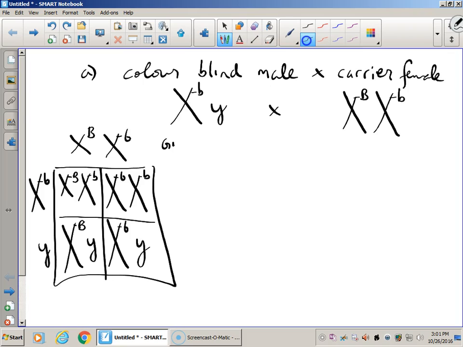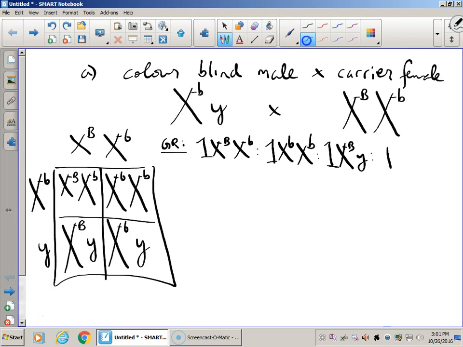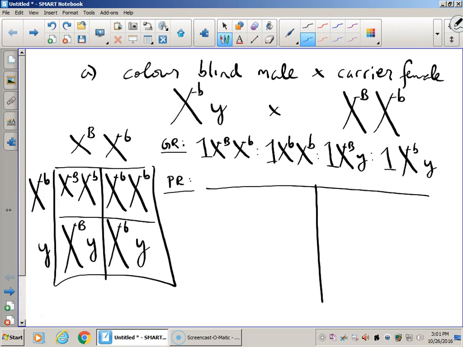So our genotypic ratios, we're going to write that just as a string, straight away. X big B, X little b, to 1 X little b, X little b, to 1 X big B, Y, to 1 X little b, Y. If we look at our phenotypic ratio, it's important with sex-linked to actually separate the genders in terms of their phenotypes.